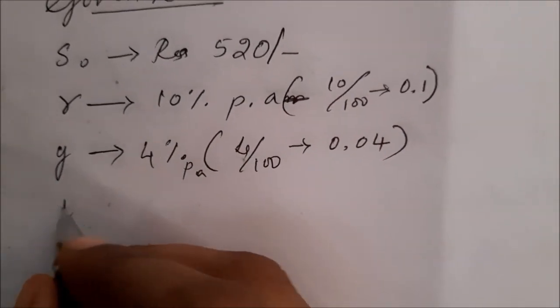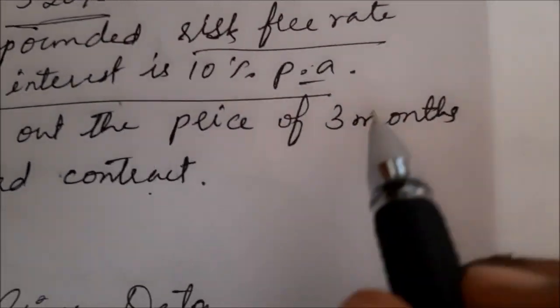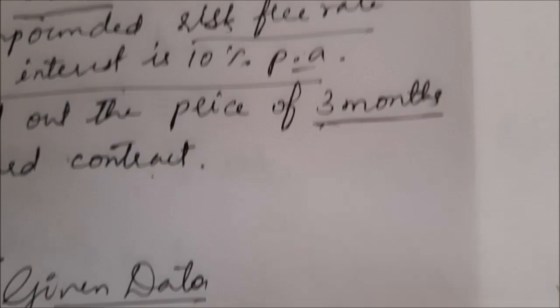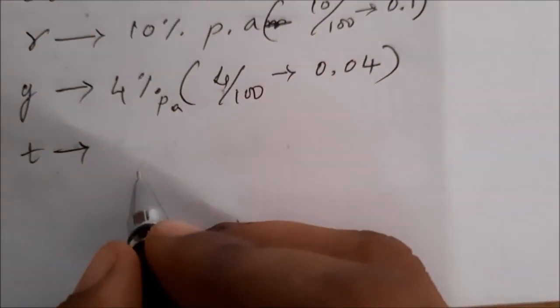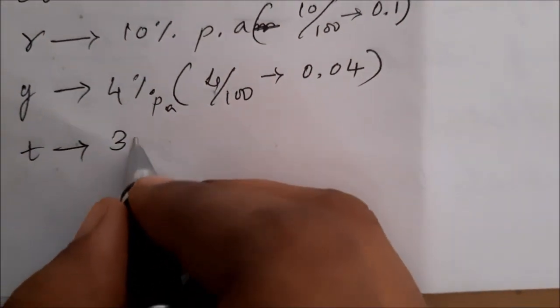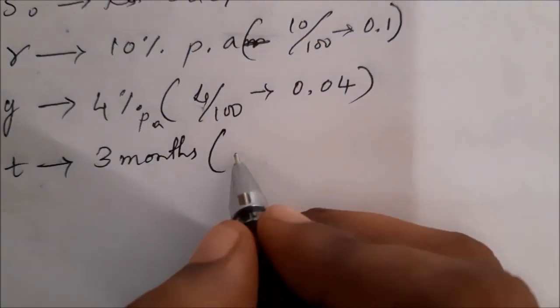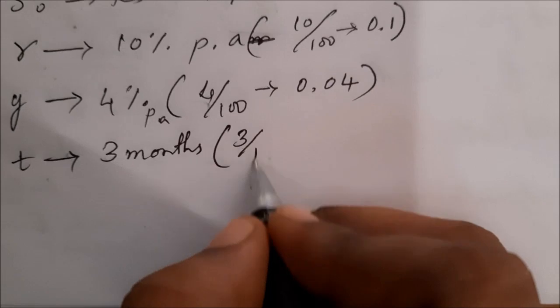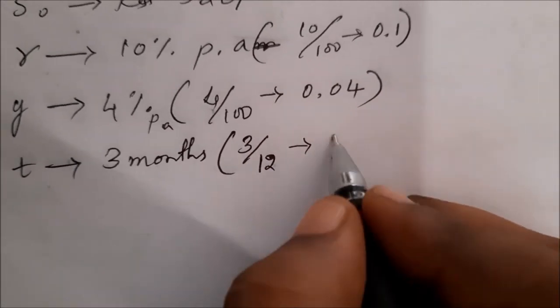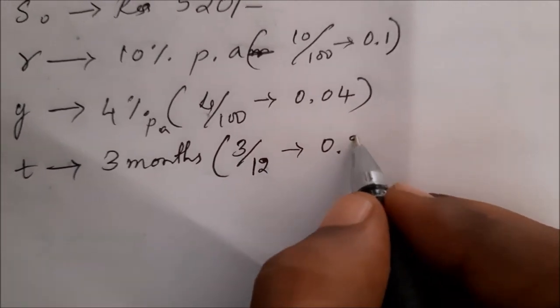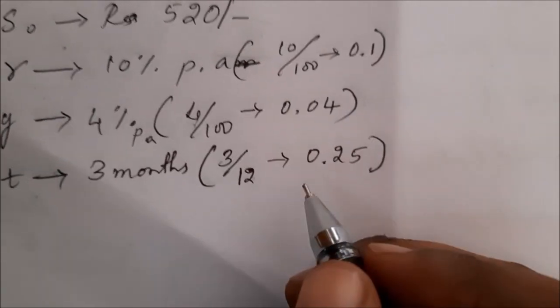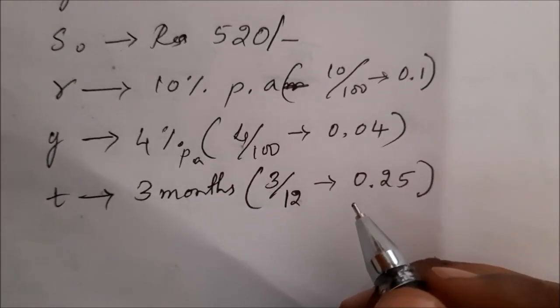Next, time period is given, that is 3 months. 3 months means 3 divided by 12. We will get 0.25. So put this information in the formula.